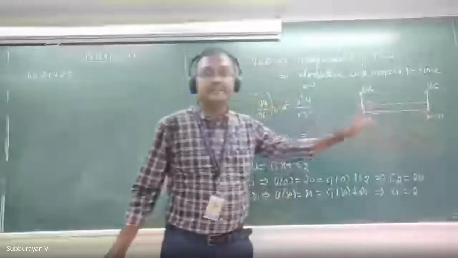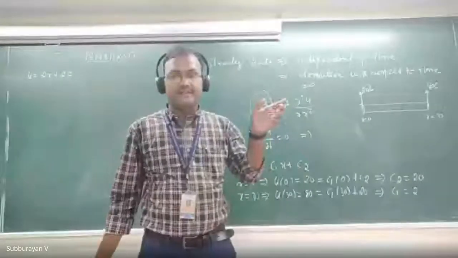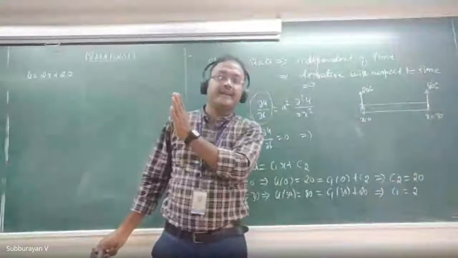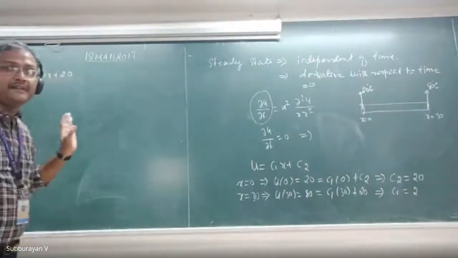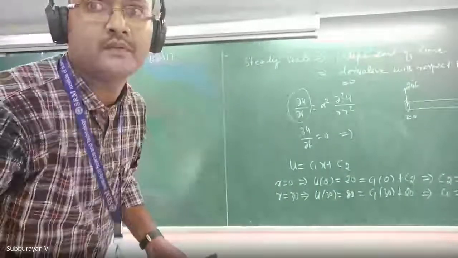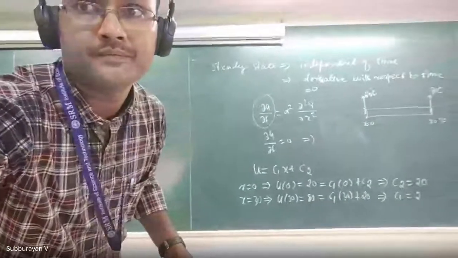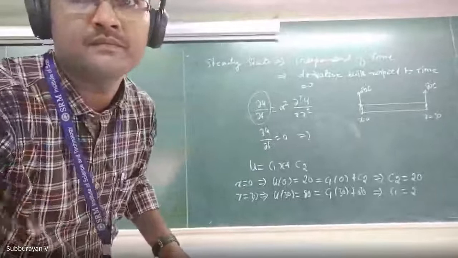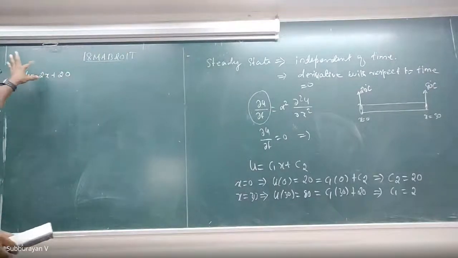We are maintaining the temperature at x equal to 0 at 20 degrees Celsius and at x equal to 30 at 80 degrees Celsius. Then this function represents the steady state temperature distribution along the rod like this.